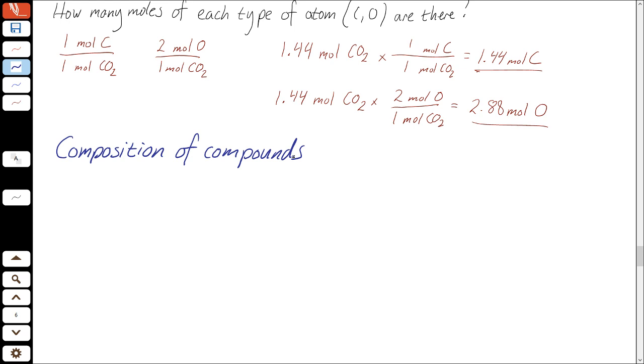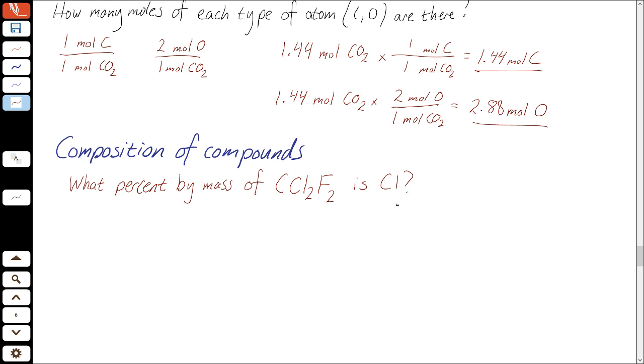So if we want to know, for instance, what percent by mass of CCl2F2, this chlorofluorocarbon, or CFC, is chlorine.